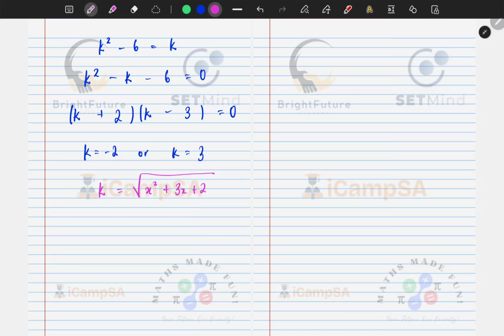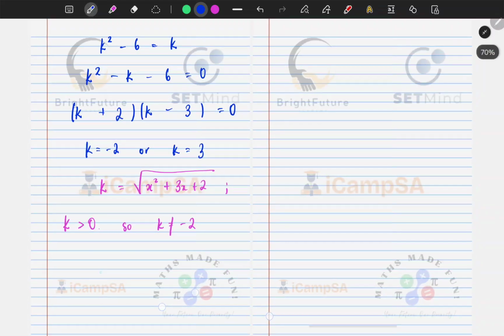So we cannot take k equals -2 because we cannot have a square root of a negative number. So k should be greater than 0, so k equals -2 cannot be a solution. So we are going to use k equals 3 to solve for x.